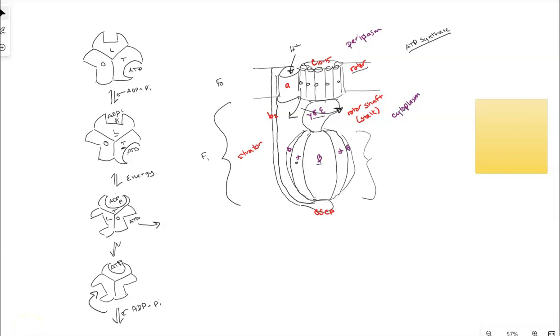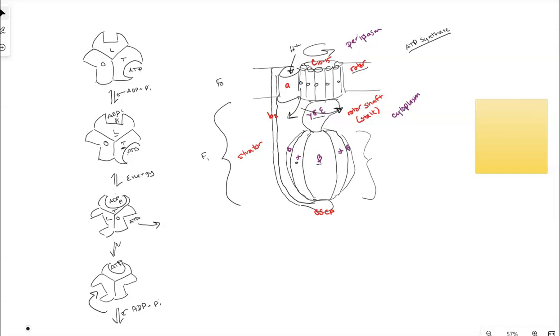So going back to the proton pumping action, remember that as protons flow from the periplasm to the cytoplasm, because of this electrochemical gradient in the periplasm, what has to physically occur is that the protons have to enter the A subunit, and then bind a C subunit, and then to be released on the opposite side, this ring, this rotor of C subunits, has to physically rotate.